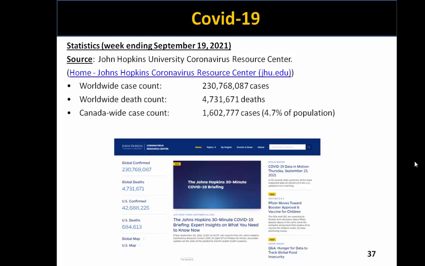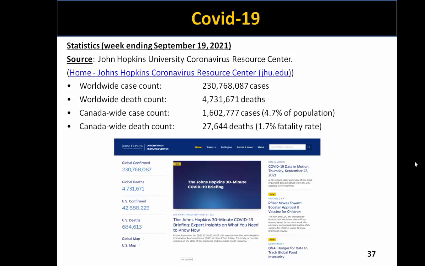In Canada, the case count as of September 19th, 2021 is over 1.6 million positive cases, which amounts to 4% of the total population of the country, with a death count of over 27,000 people, and that has to date a fatality rate of 1.7%. That is the percent number of deaths per number of positive cases.